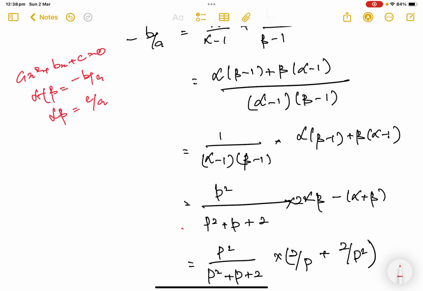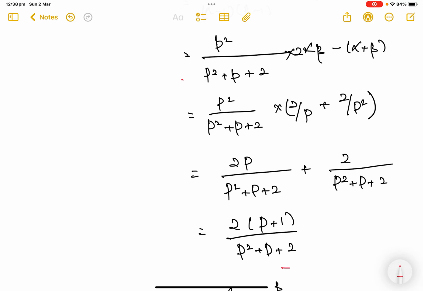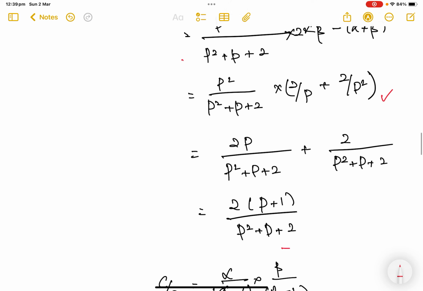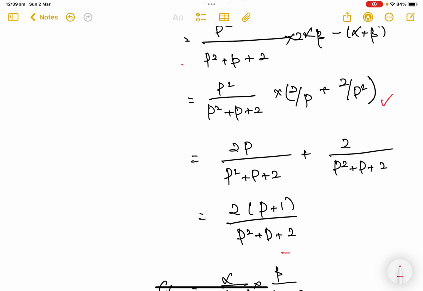If you do that, in the numerator, alpha times beta and another alpha times beta, therefore 2 alpha beta, then minus alpha and minus beta, so minus, taking out alpha plus beta. 2 alpha beta is 2 over p, and alpha plus beta is minus 2 over p squared, so minus minus becomes plus 2 over p squared. Simplified, it's plus.